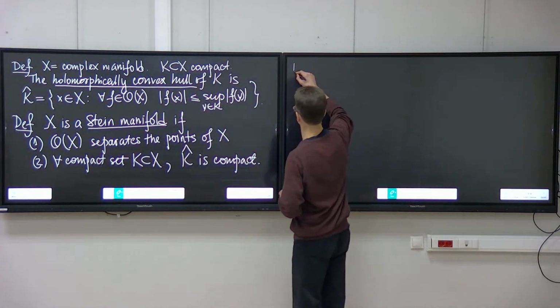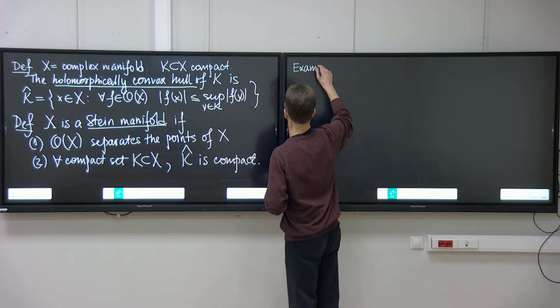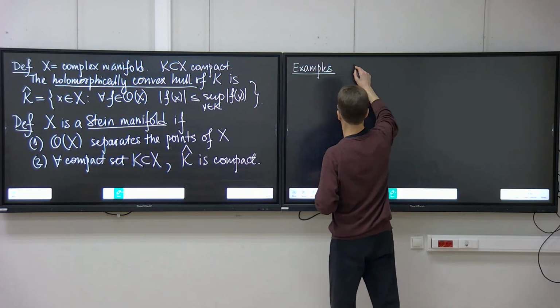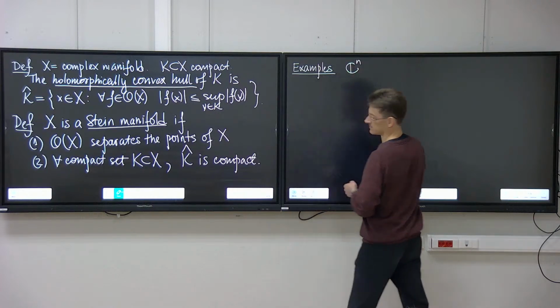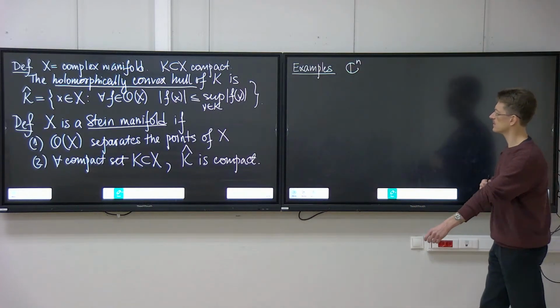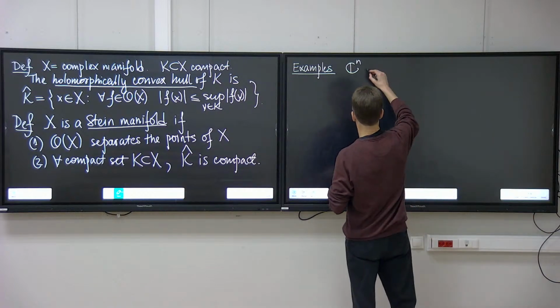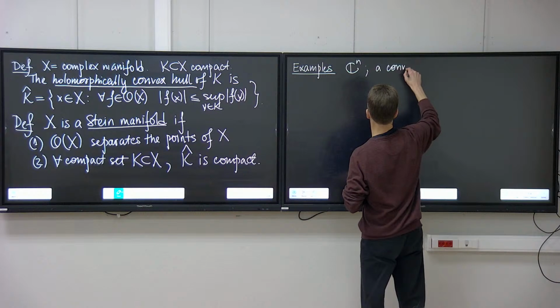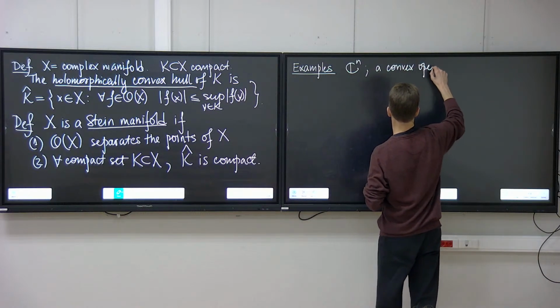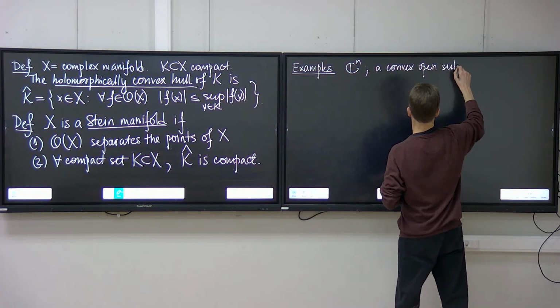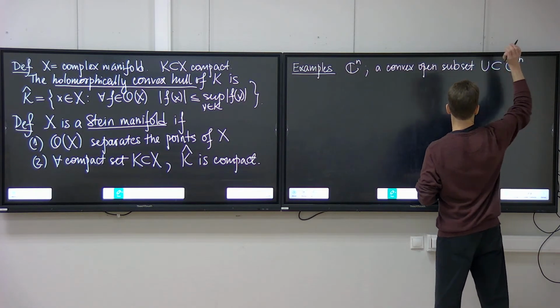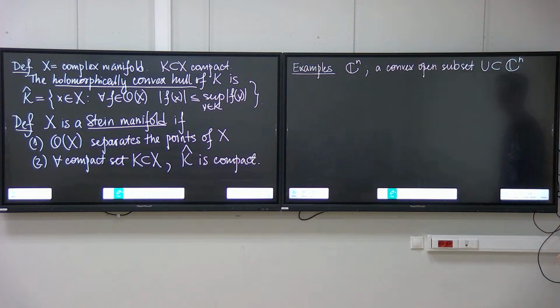And here are some examples. C^n is a Stein manifold. And more generally, any convex open subset of C^n is also a Stein manifold.